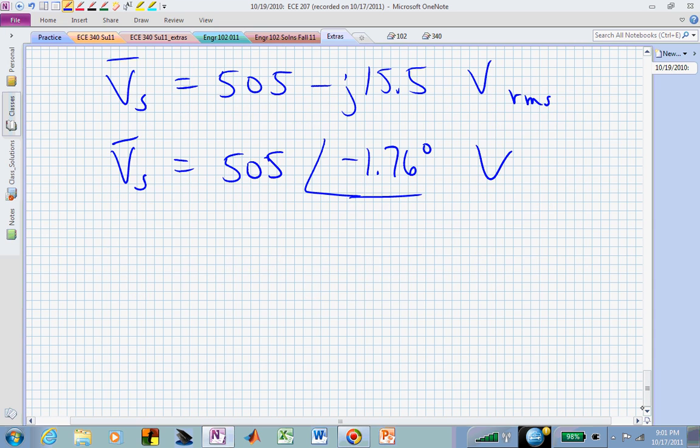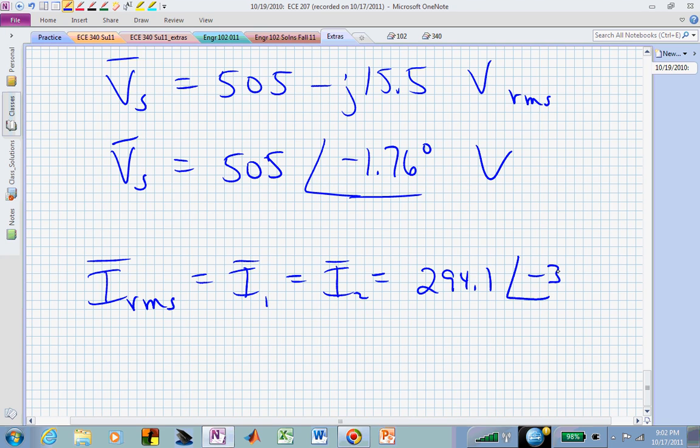Now we know that the current I sub RMS is the same as I1, which is the same as I sub 2, and that current was, in fact, 294.1 at an angle of minus 31.8 degrees.